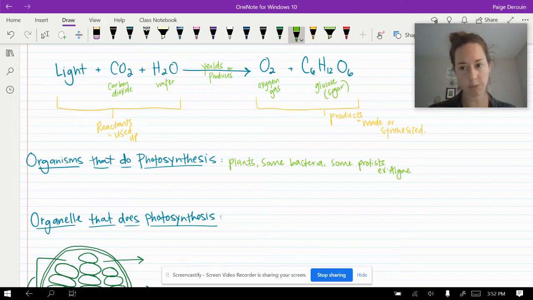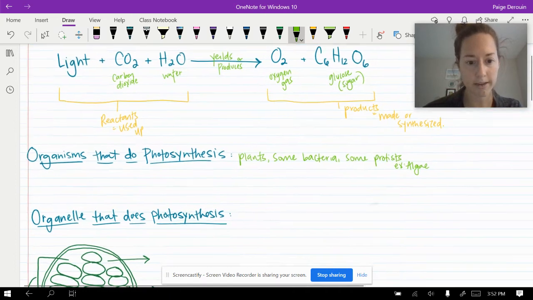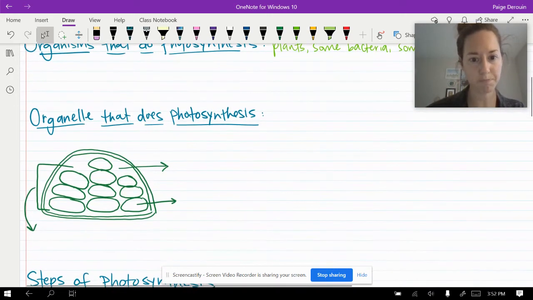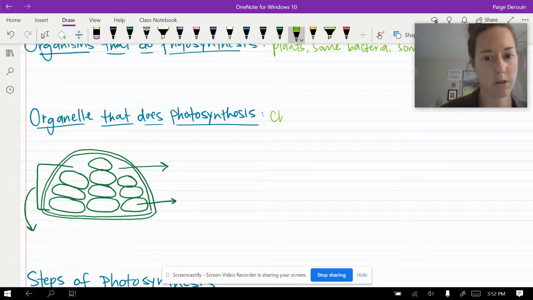In order to complete this process, most of these organisms, except for the bacteria, are going to have a special organelle in their cells that's responsible for that. This is something we've already talked about before, but it is the chloroplast, in eukaryotic cells.